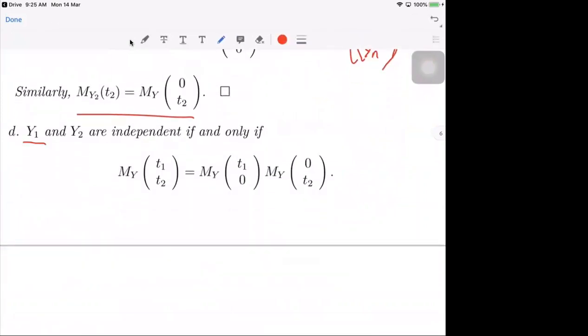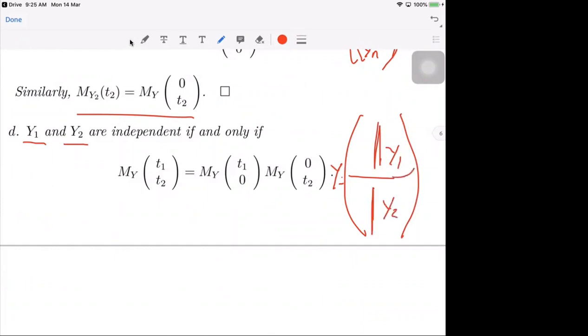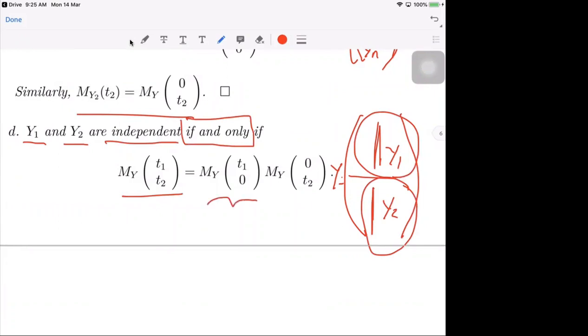Now, if your partitions of y, here y1 and here y2, are independent, this is if and only if the moment generating function of y can be expressed as the product of the moment generating functions of the marginals.